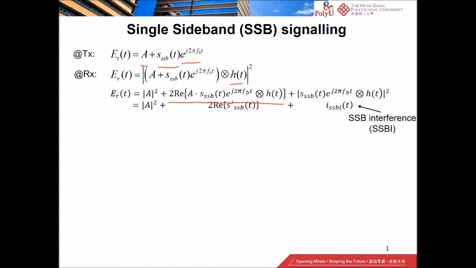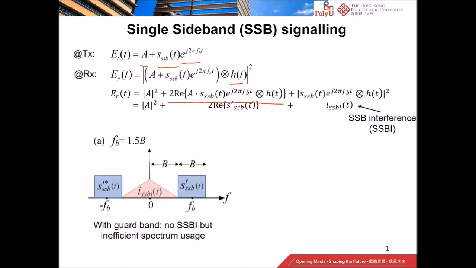Now, there are two situations for these SSB systems depending on the carrier frequency FB. In one case, the carrier frequency is such that the single sideband signal and the SSB interference do not occupy the same frequency range.